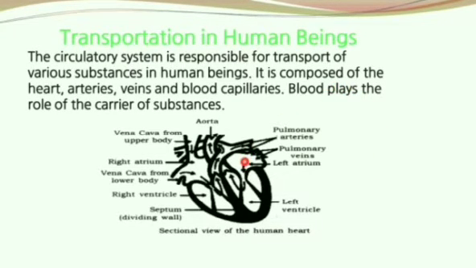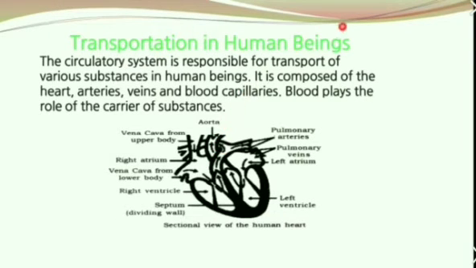Over here again the cardiac muscles relax and then contract and then it enters the left ventricle. Again over here it relaxes and then contracts, and via the aorta the oxygenated blood enters all parts of the body.